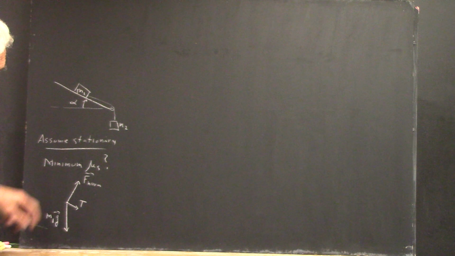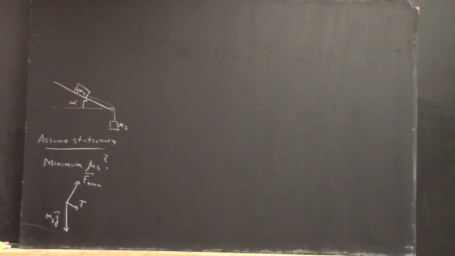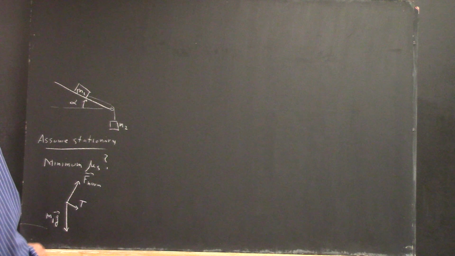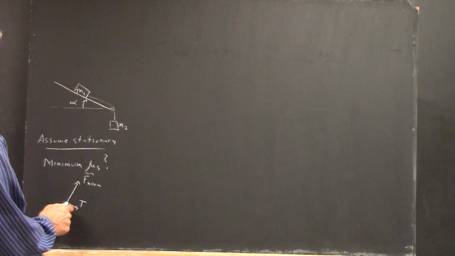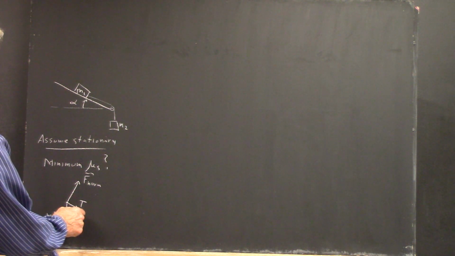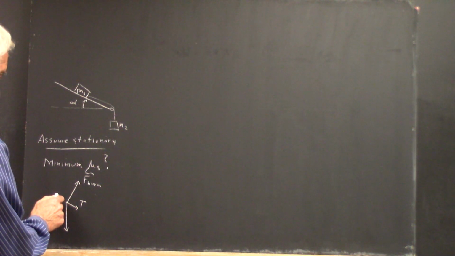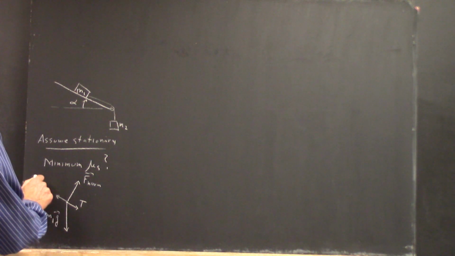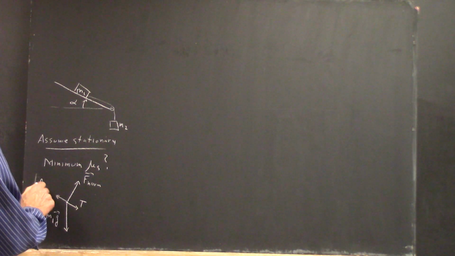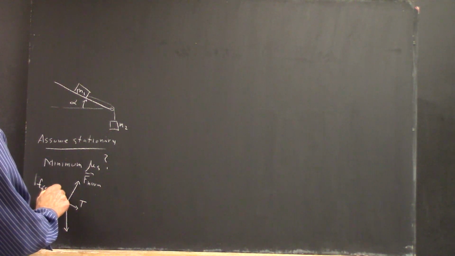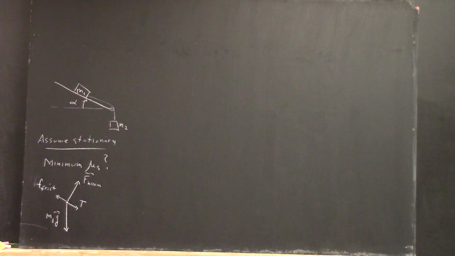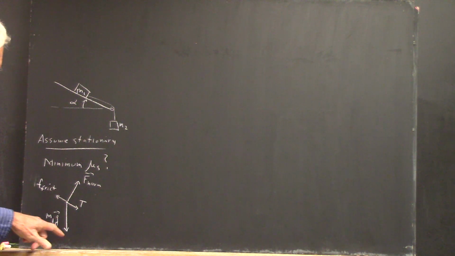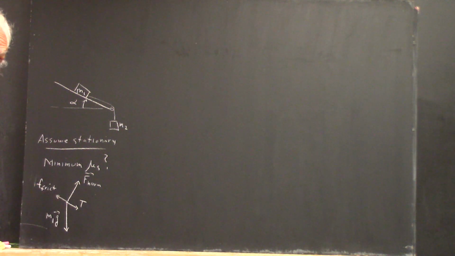And these forces have to be in balance so that the frictional force is going to have to be equal and opposite to the tension force. Now, intuitively, it's not equal and opposite to the tension force because you've got a component of gravity in this direction.